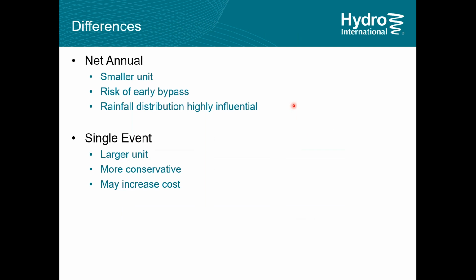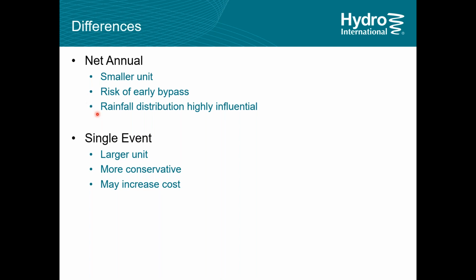So what are the differences? The net annual sizing is going to give you a smaller unit because of the influence of the frequency of small intensity storms. Now, because of that, there may be some risk of early bypass, especially when you consider maybe a site that may be sloped with some grade to it, so you have a very short time of concentration, and you might have a fairly high runoff rate relative to the intensity.